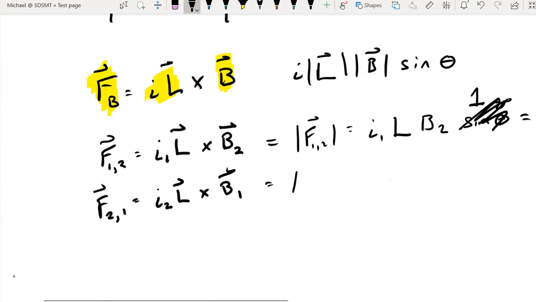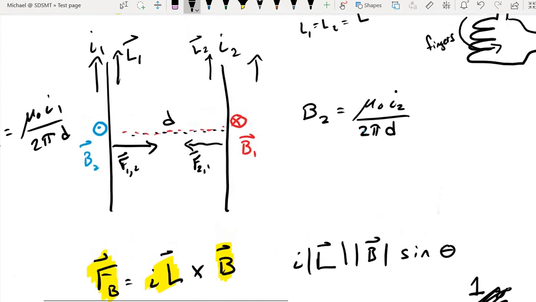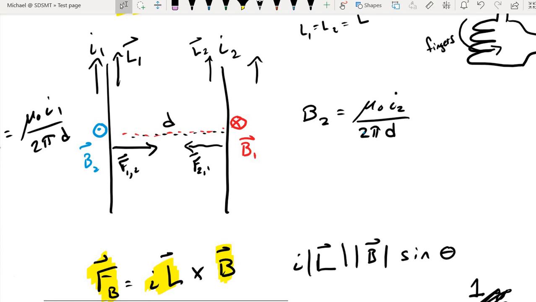For force F21, we have I2 times the magnitude of L times the magnitude of B1 times the sine of the angle that exists between those two vectors. L2 points up, B1 points into the board.